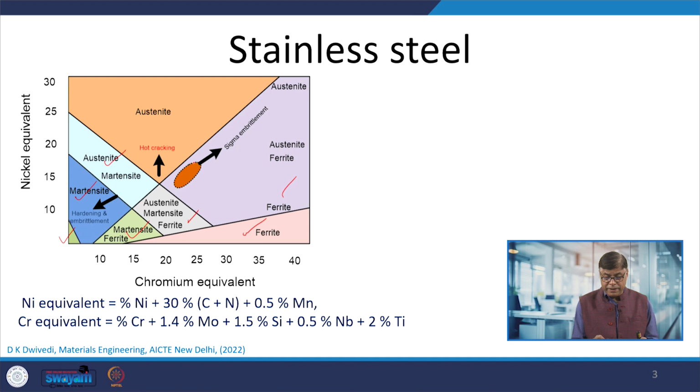And with high chromium content, in the presence of carbon and other elements, high chromium stainless steels tend to form the sigma phase, which leads to increased notch sensitivity and embrittlement of the steels. So, this is about the identification of the phases in stainless steel based on the composition.